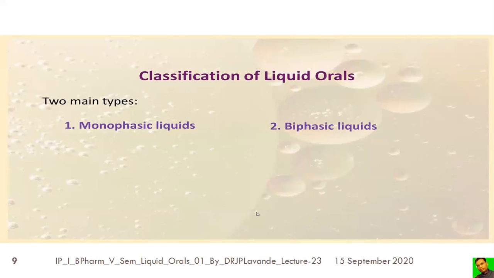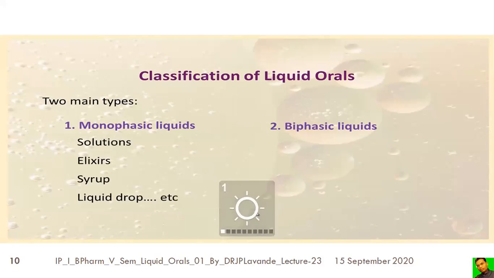And when there are two different phases, for example liquid phase and powder phase, or liquid and solid phase, when it is liquid in liquid, there is emulsion. When there is a liquid solid or liquid powder, that is the suspension. So these two are the basic classifications associated with the liquid orals. The first is the monophasic liquid and the second one is the biphasic liquid, isn't it?